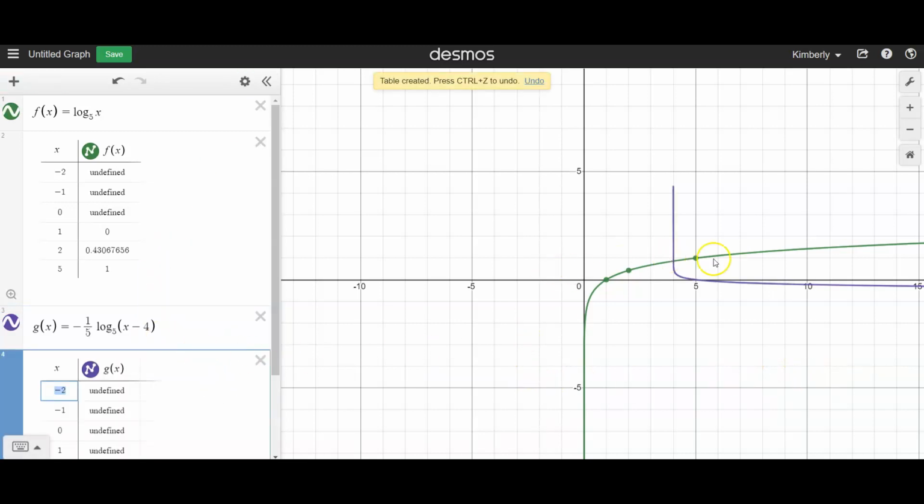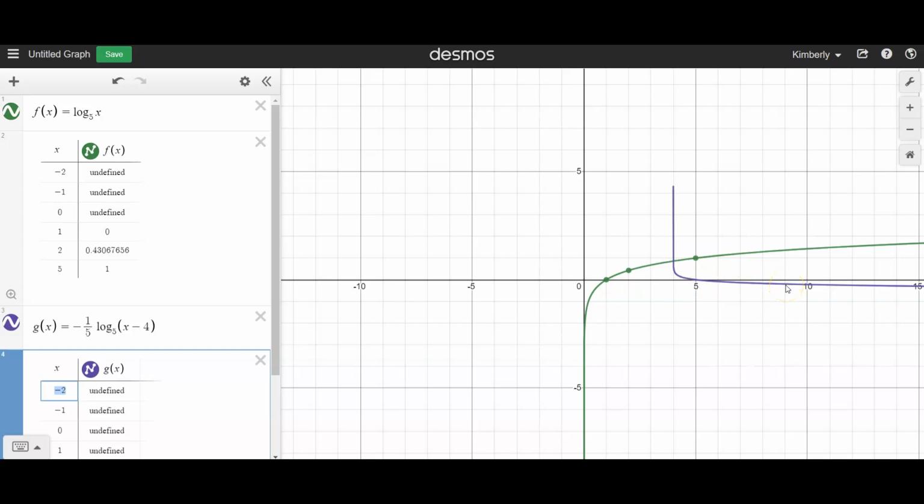So we're starting off with the log base 5, and basically if I take that point 5, 1, we said the transformations were that it was reflecting over the x-axis. So if we reflect over the x-axis, we'd be here. Then you're taking 1/5 of that distance, so that would be 5, negative 1/5. And then from there, you're shifting to the right 4.